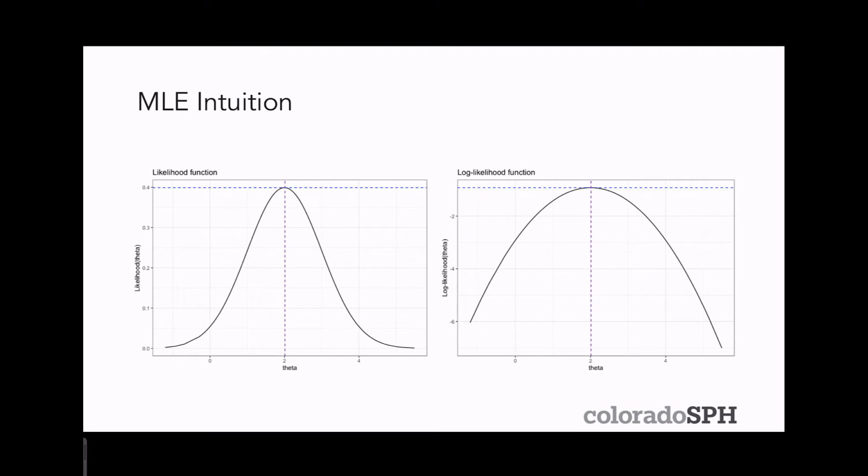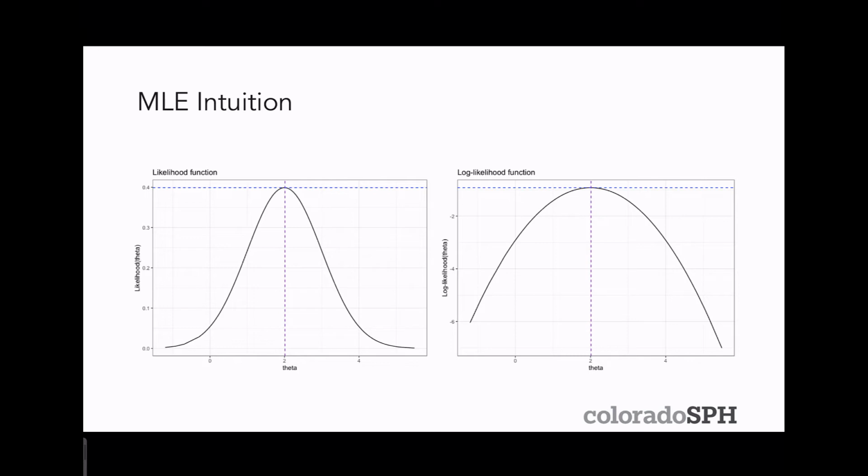So I want to give you a little bit of intuition behind MLEs before we go ahead and calculate a few ourselves. So take some function here. This is an example of a log likelihood function, and this is just a normal distribution here.